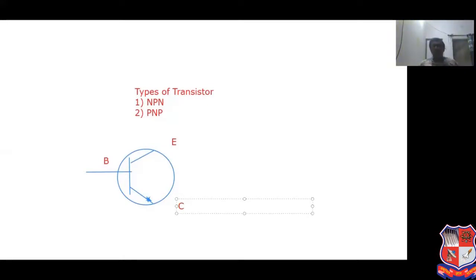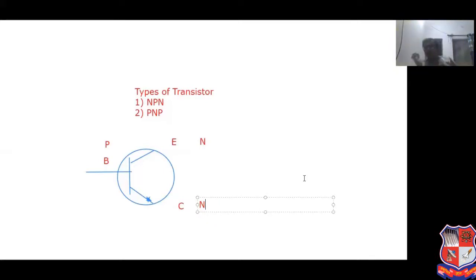So it is the symbol of NPN transistor. What is the symbol of PNP transistor? NPN means here a P type of semiconductor sandwiched between two N type of semiconductors.